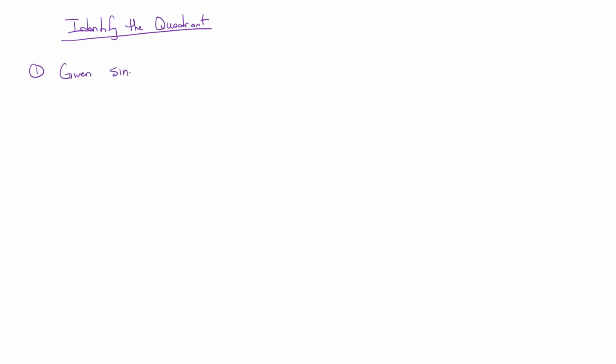I'm given that the sine of theta is less than 0 and the tangent of theta is greater than 0. And they want me to tell them which quadrant that's in. Okay, so remember, if it's less than 0, then that means that this will be a negative, won't it? And if it's greater than 0, that means this would be a positive, wouldn't it?